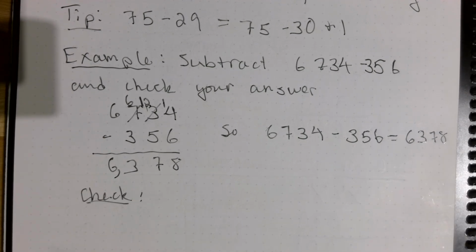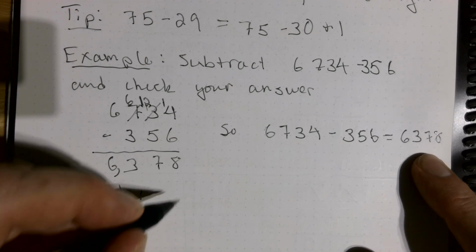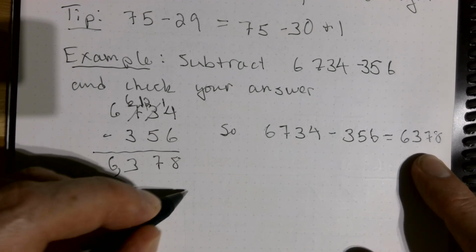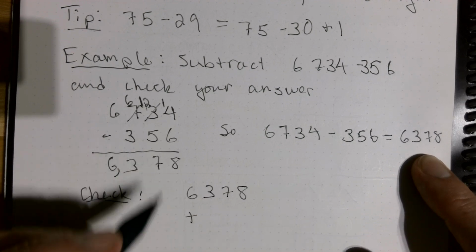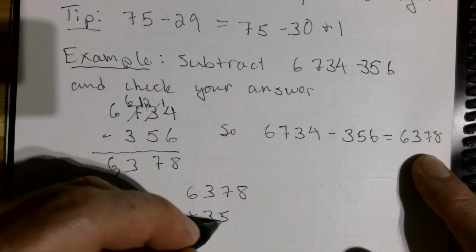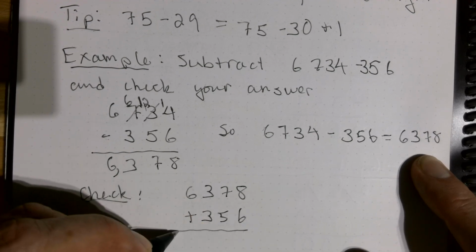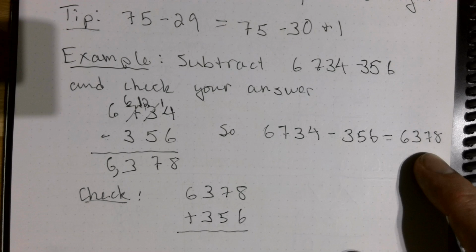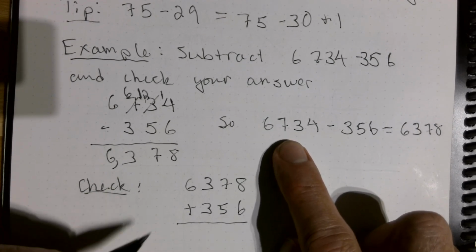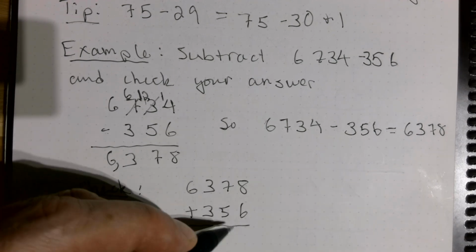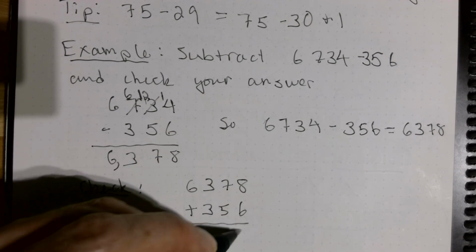Now the way to check this is to do an addition. Okay? So we would start with the difference, 6,378, and we would add the subtrahend, 356. We're seeing, do we get back to 6,734? Let's check it out. 8 plus 6 gives me 14.